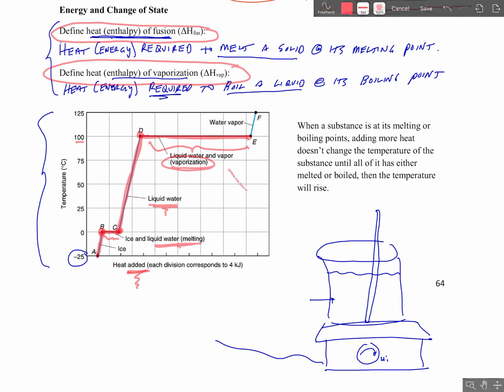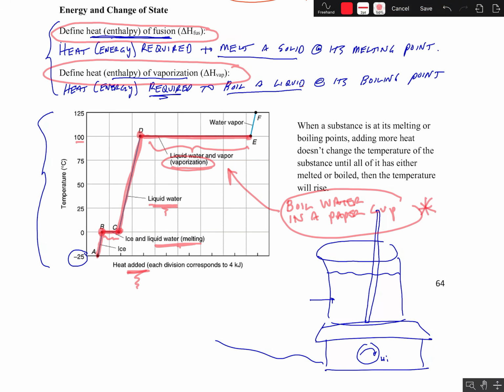Now, it's here where I have a demonstration for you. I boil water in a paper cup. And you would expect the paper cup to burn. And it doesn't. I heat it over a Bunsen burner. Something interesting happens here, and it has to do with the heat of vaporization of water.